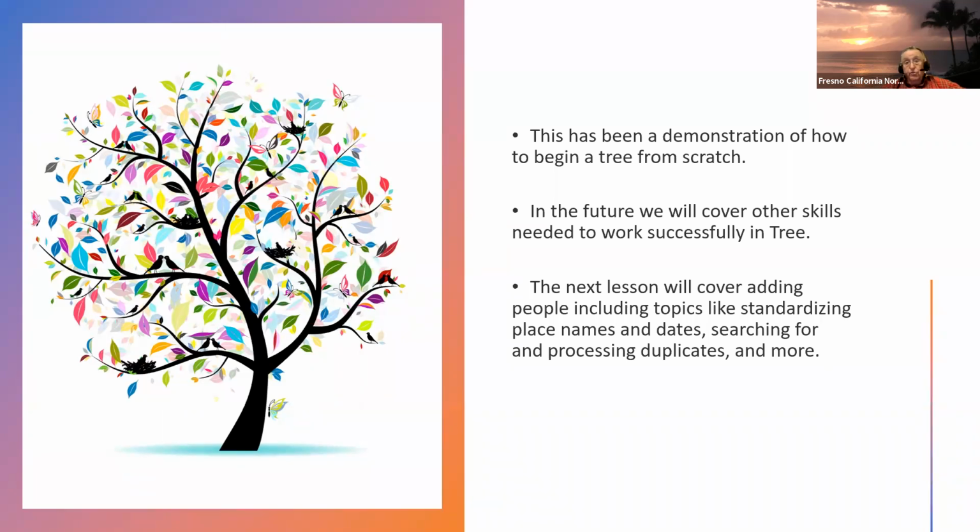Within 2-3 generations, you're going to start finding they're already there. So this was just a demonstration to show you how to get them started from scratch. It really isn't hard. It's nothing to be afraid of.